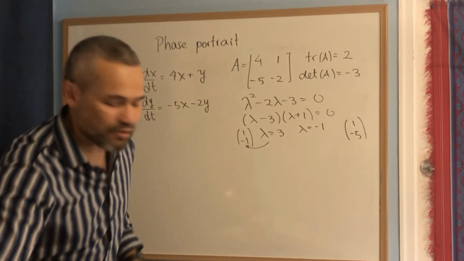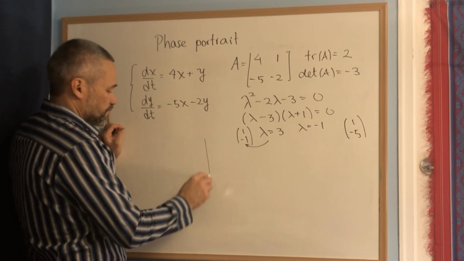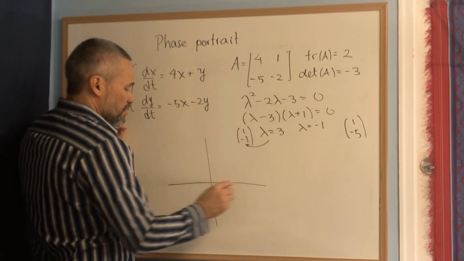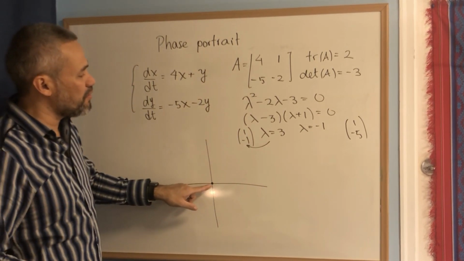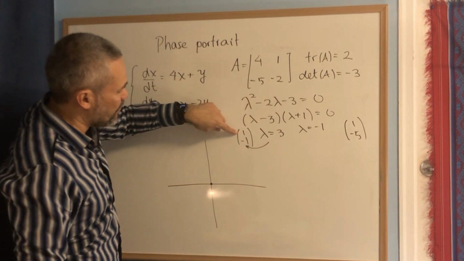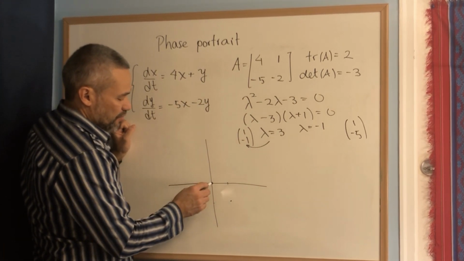Now let's do the phase portrait. We draw the Cartesian plane. We know that 0, 0 is a solution, an orbit on its own. For lambda equal 3, we have this eigenvector, 1 and negative 1, and then we draw the line.